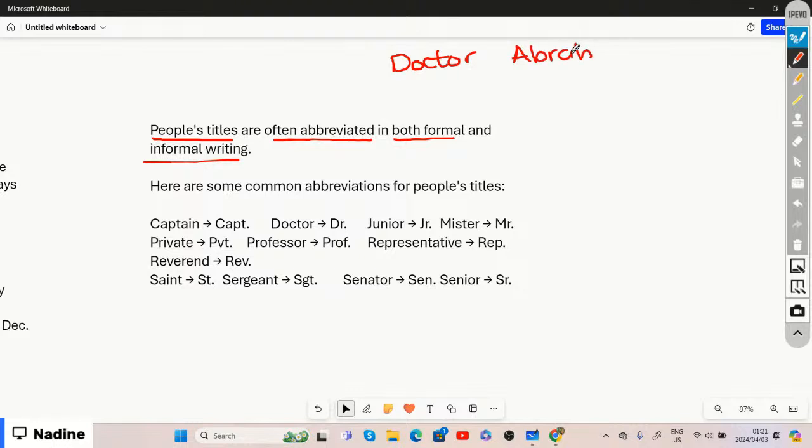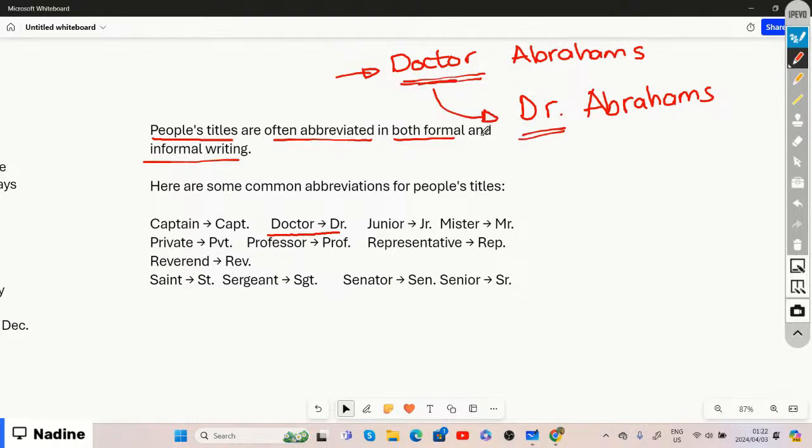That is how we write Dr. Abrams. Just an example. There we write the full word. But if you want to shorten this word, doctor, then we are going to shorten this word by saying Dr. period Abrams. Because now we are abbreviating the word doctor. So instead of writing the full word doctor, we can only write Dr. period, right?